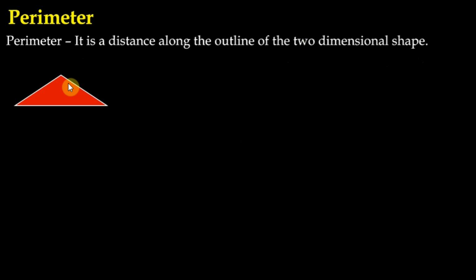So here we have a triangle and we want to find out what is the perimeter of this triangle. So how do we do that? Now to find the perimeter of this triangle, we need to measure the distance along its outline. Or in other words, as we said, we need to measure its boundary or the border.